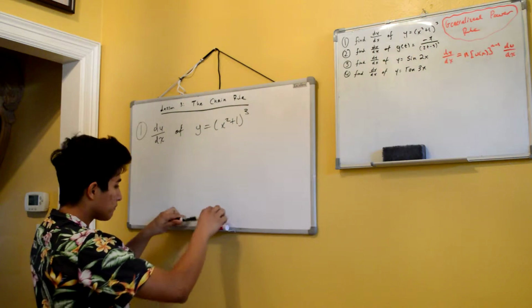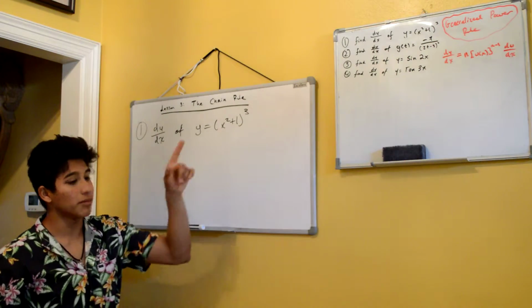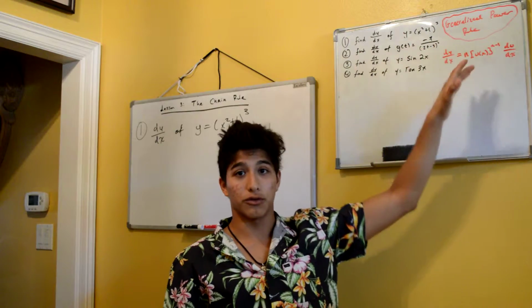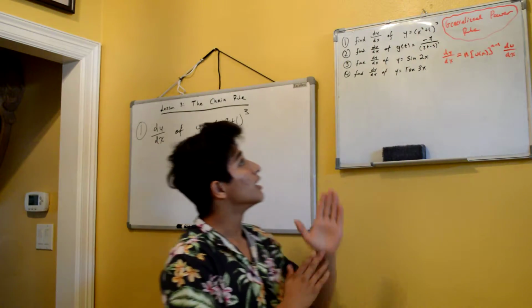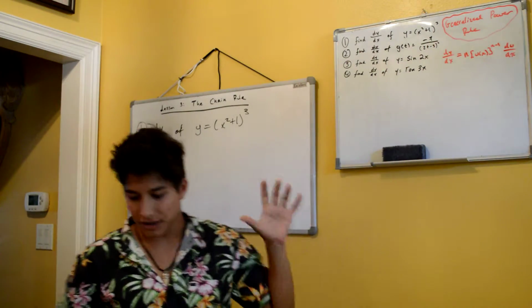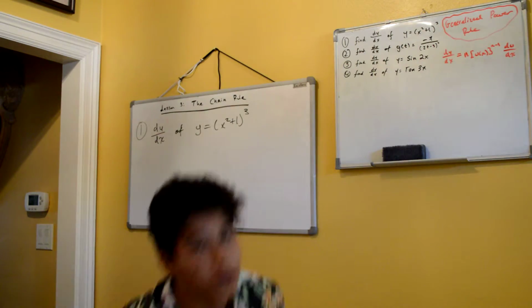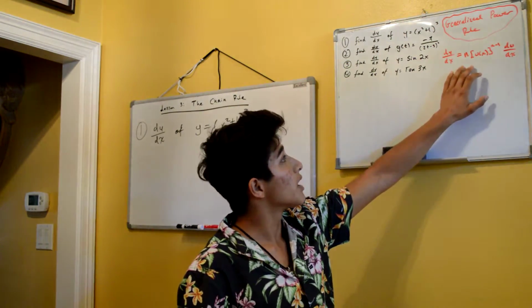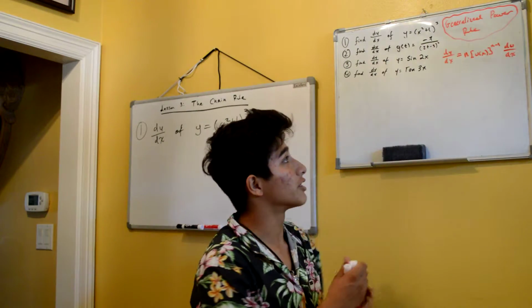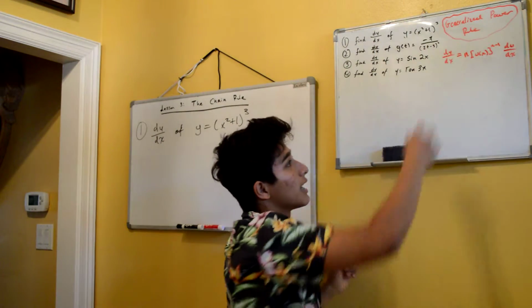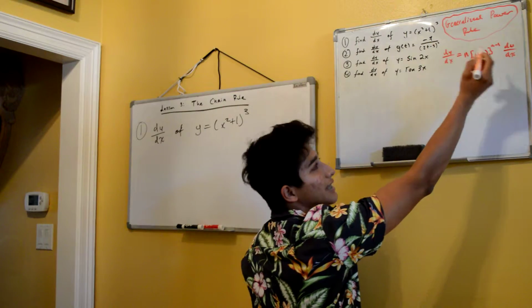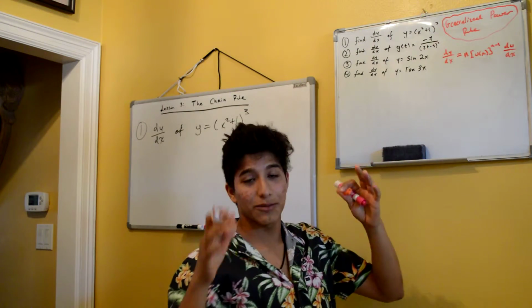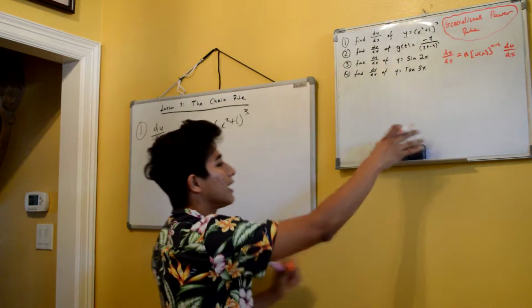Over here at the top, I wrote generalized power rule. That's what we're going to use to figure out our chain rule. I wrote down over here what it is, just so you can refresh it: dy dx is equal to n times u of x to the n minus 1 times du dx.